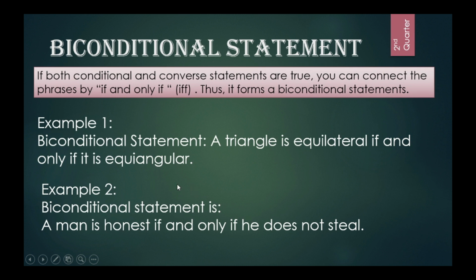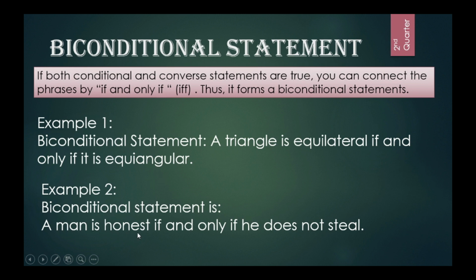Another one, yung example natin sa Converse, no? Yung if a man is honest, then he does not steal. If a man does not steal, then he is honest. So yung conditional at converse ay parehas true. Kaya pwede natin siyang gawan ng biconditional. Instead of using if and then, we are going to use if and only if. Kasi nga, ang conditional at ang converse ay parehas true. So, paano yon?